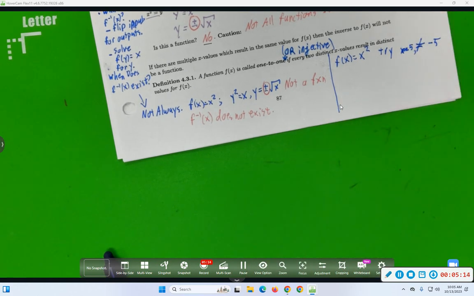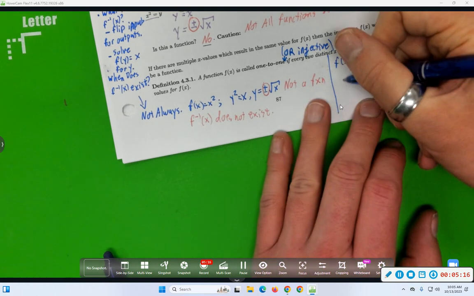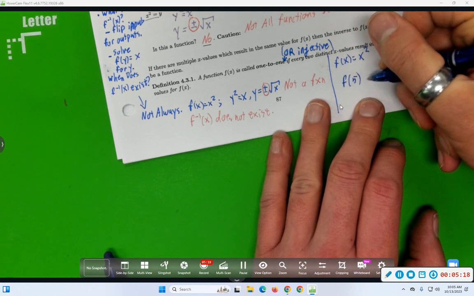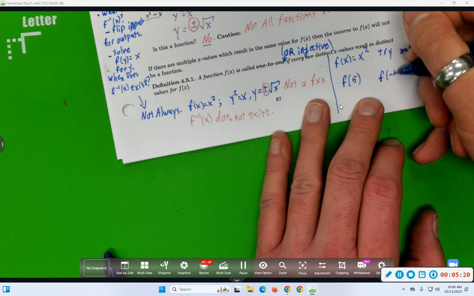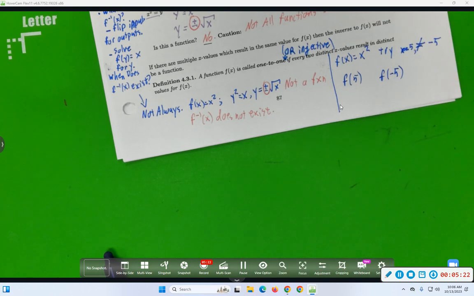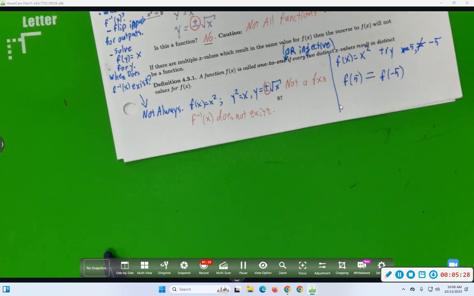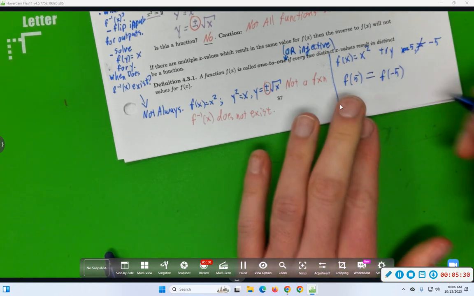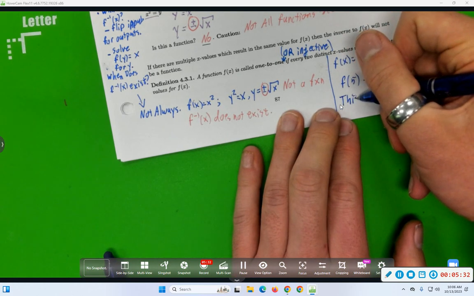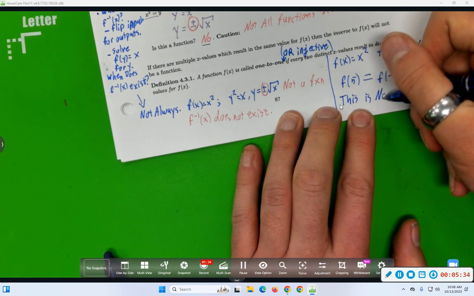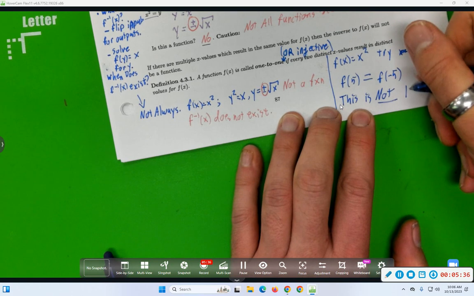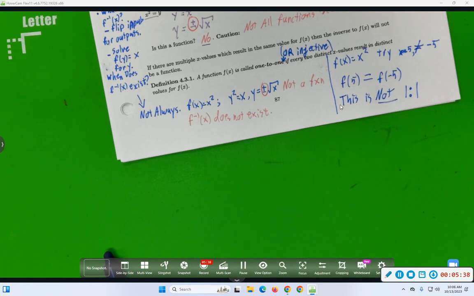So here are two distinct inputs. F of 5 and f of negative 5, are those the same? Yeah. So here's what this means. This function is not one-to-one, which I'll sometimes also abbreviate as one-to-one. That makes sense?